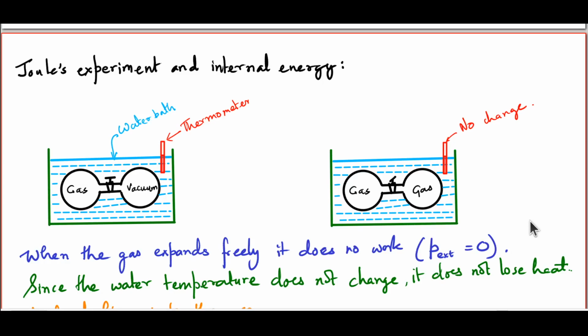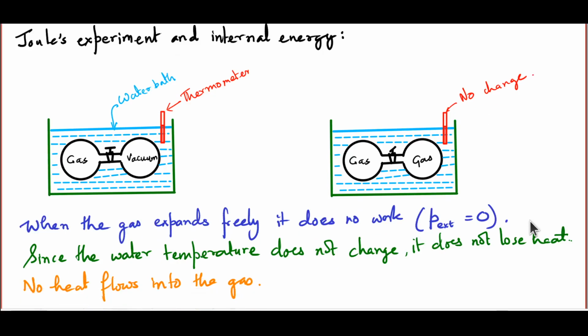Since the water temperature does not change, we can use that to deduce that it would not lose any heat. And since whatever heat the water loses, in this case none, is the amount of heat the system, in this case the gas, gains, it must follow that no heat flows into the gas.